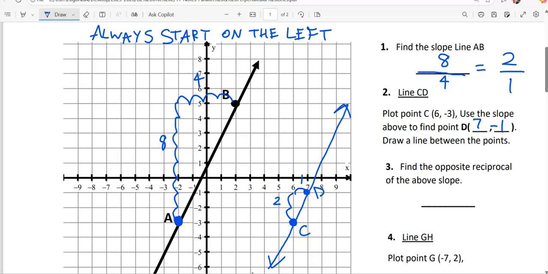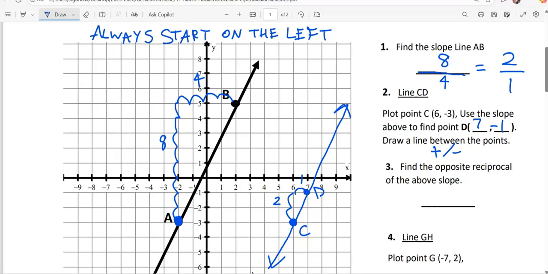Now, you should have heard about this in Algebra 1. Opposite reciprocal. Maybe your teacher said negative reciprocal or something like that. But we got to know how to do this. So we're going to take that fraction, 2/1, and find the opposite reciprocal. Above opposite, I want you to put a plus/minus.